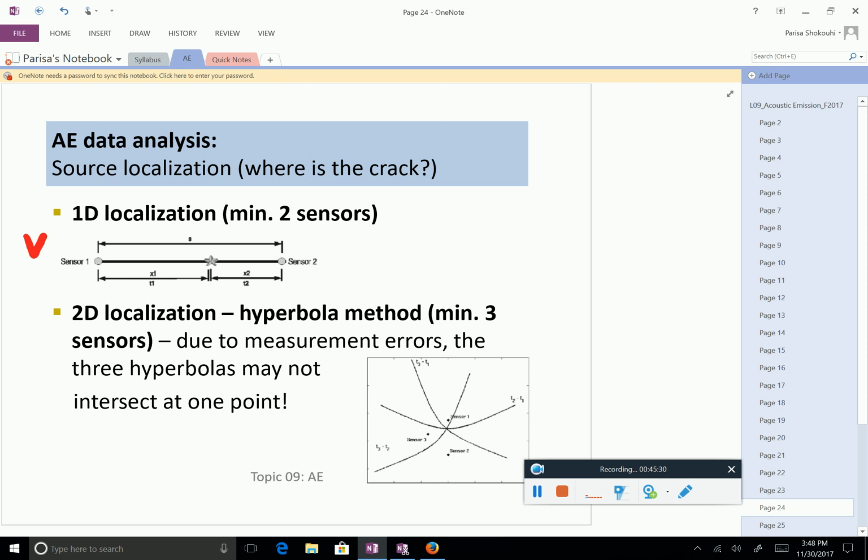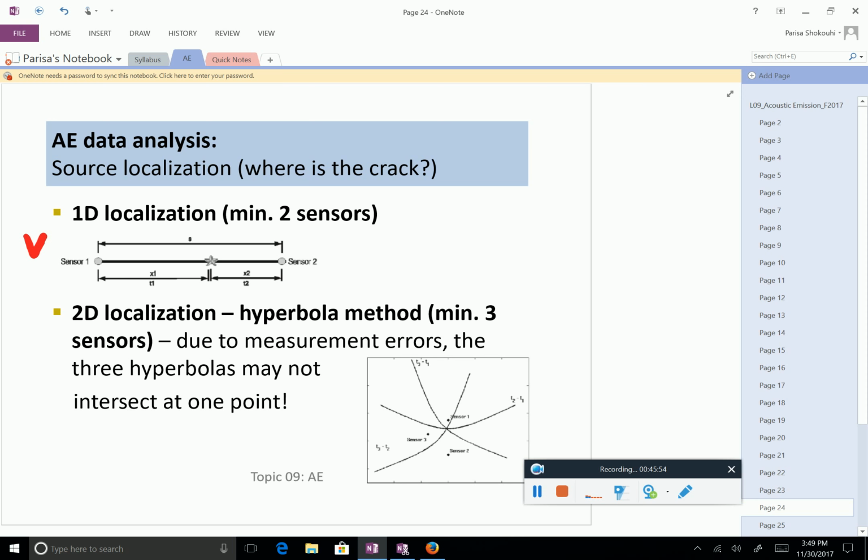That's exactly why I'm asking you to do that. We want to localize. We know where the sensors are, and we want to know the source location. Exactly. So let me make this clear. Maybe I wasn't clear enough.